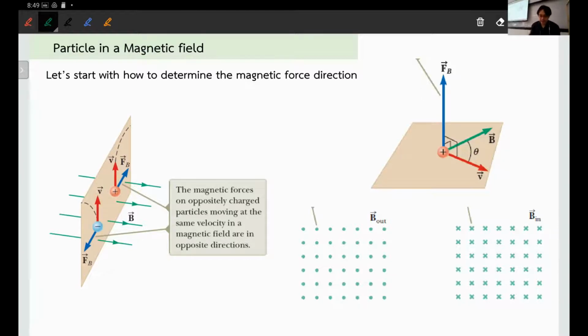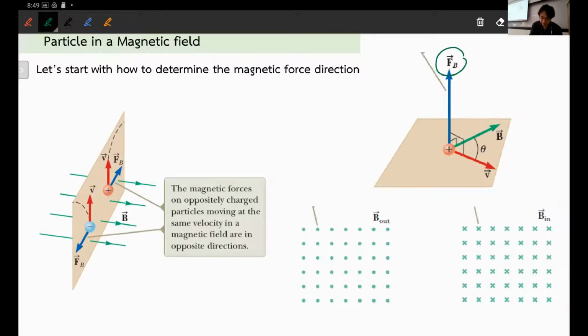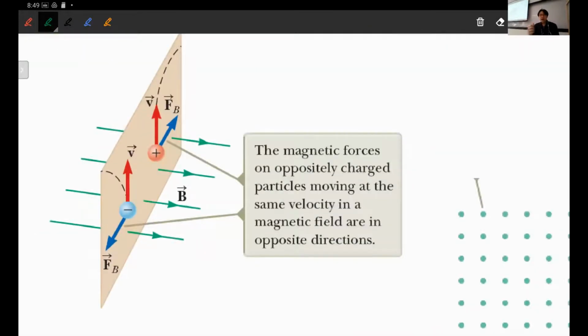So the key is this: there is some notation that we need to agree on. First of all, it turns out the force from the magnetic field is always perpendicular to the field. This is the weird stuff going on here, unlike the electric field. Looking at the left figure first, the green arrow represents the direction of the magnetic field, which points to the right.